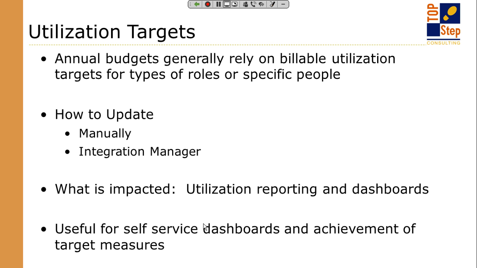When you set target utilization, it actually calculates another set of values called target work schedule hours, target hours, that you can add to reports for comparison or achievement of target, for example. So things that I would challenge people to consider is if you have this target utilization set up, it's really nice to set up self-service dashboards.